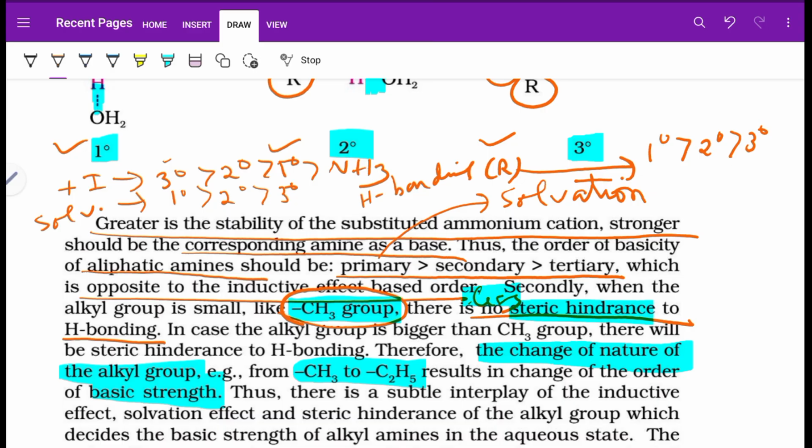the basicity is weak. Now, if I compare the three effects, the inductive effect, solvation effect, and hydrogen bonding, we can see that the position of a 2-degree amine remains the same in aqueous phase, of course. Now, the combined effect of these will give a 2-degree greater basicity than a 1-degree than a 3-degree.